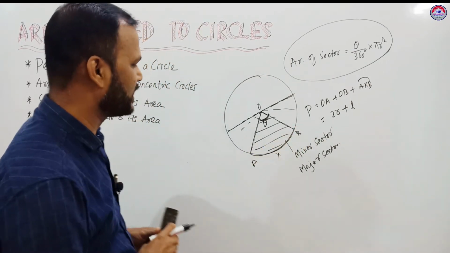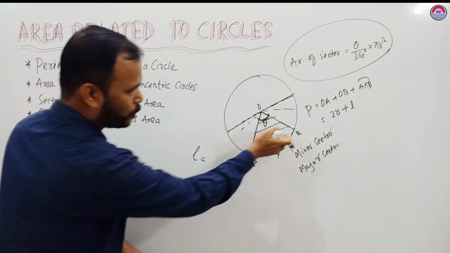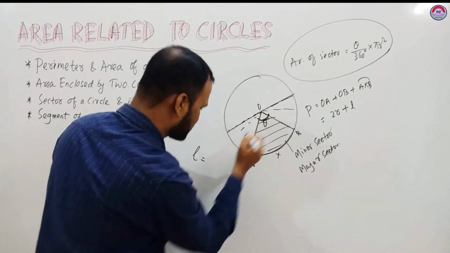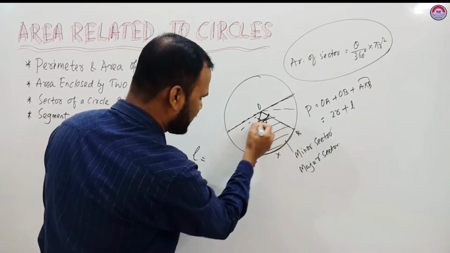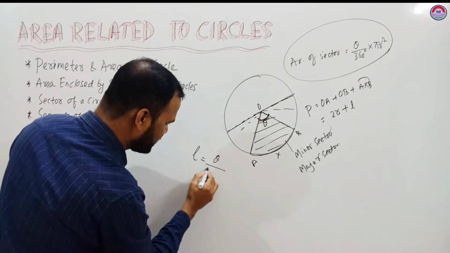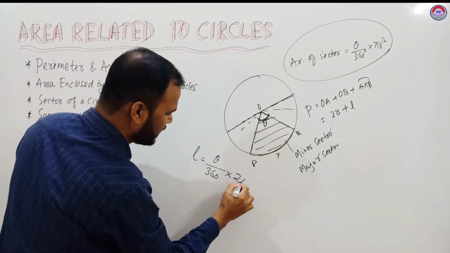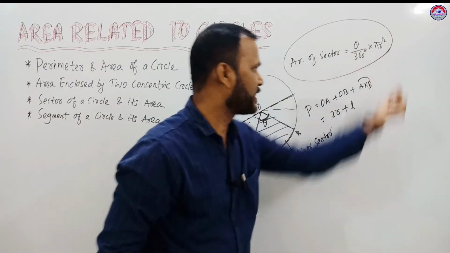So how to find the length of the arc? If L is the length of the arc, the total circumference is 2 pi r, which subtends an angle of 360 degrees. For this portion with angle theta, it is theta by 360 into the total circumference 2 pi r. For area, it is theta by 360 into pi r square.